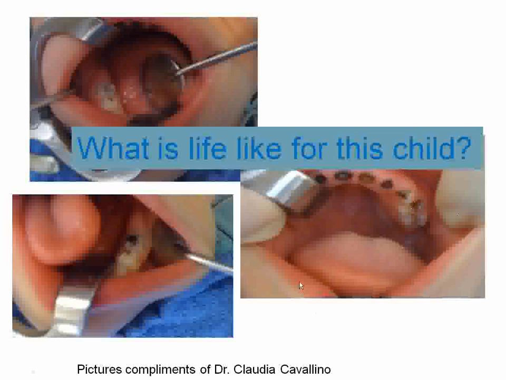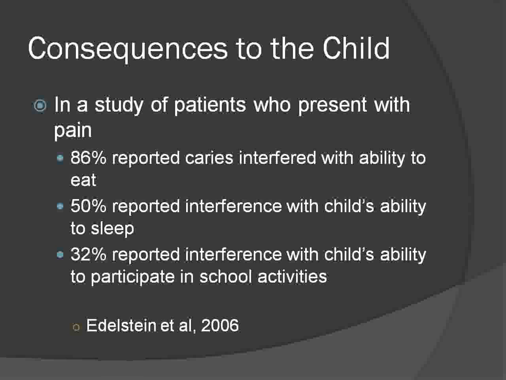Okay, so again, just probing a little bit more into this issue. In one study of patients who presented with pain, almost all or most of them reported that the cavities interfered with the child's ability to eat. And again, it tends to select for children to eat foods that are softer, richer in carbohydrates, and usually not as healthy.